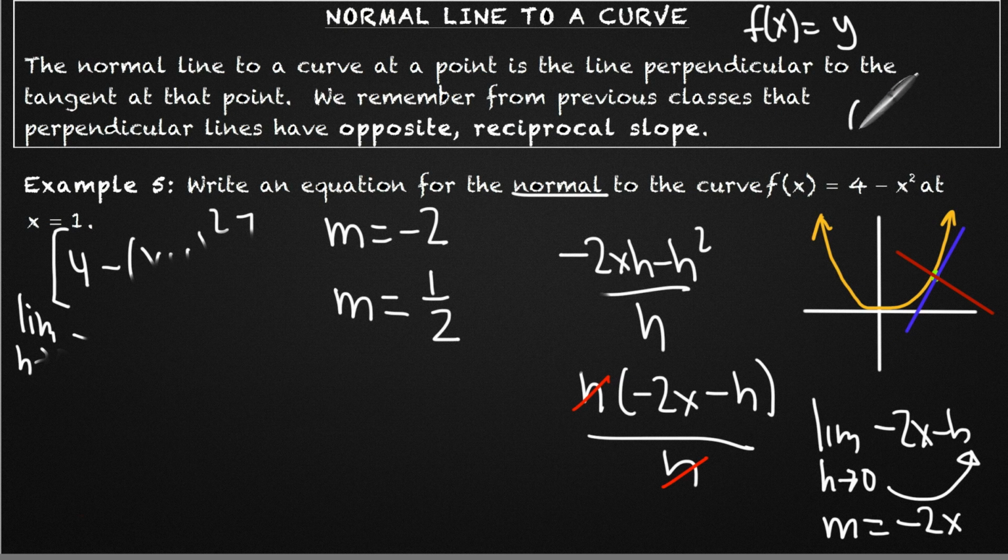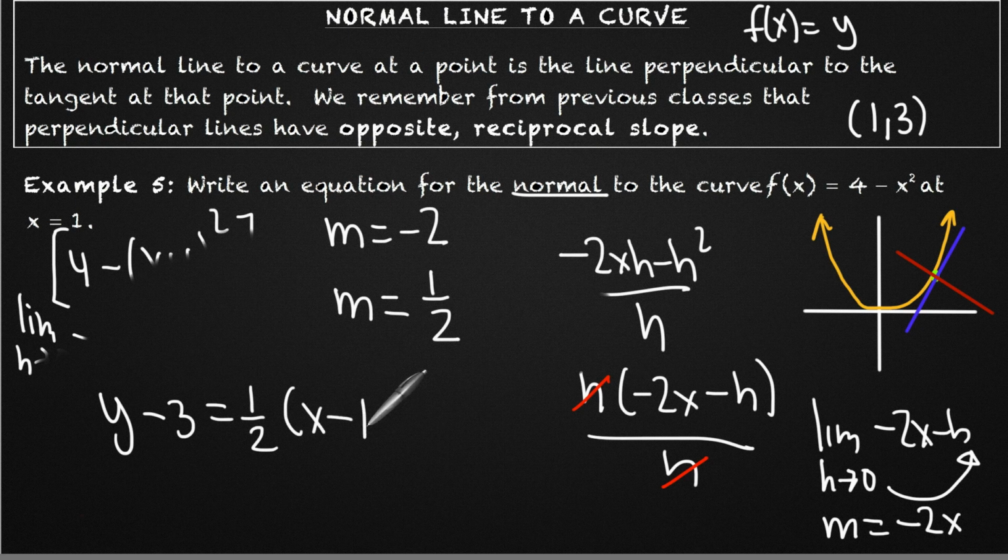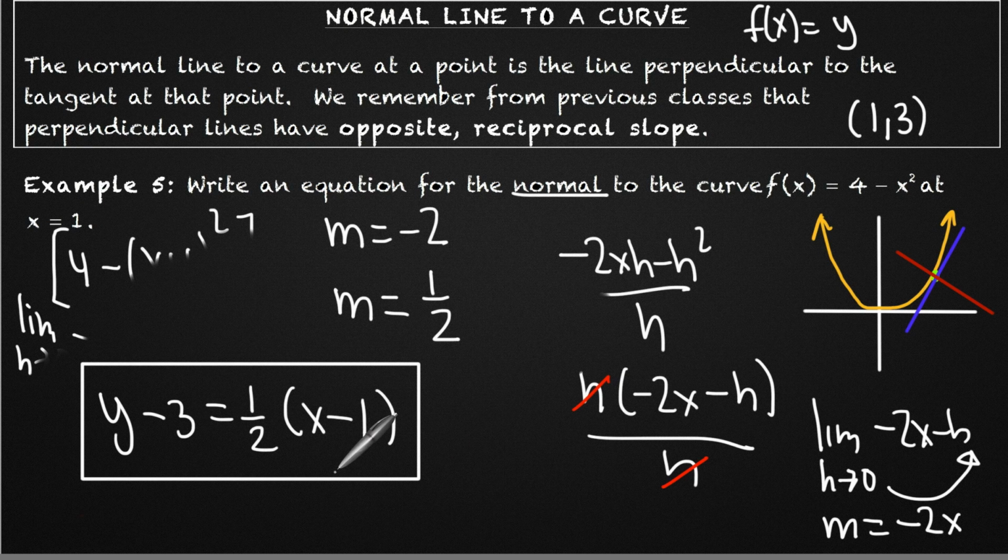So the point that we are trying to write the normal line that goes through is (1, 3). So we're going to write y minus 3 is equal to the slope 1/2 times (x minus 1). And the good thing in calculus is that most of the time you can leave your answer in point slope form.